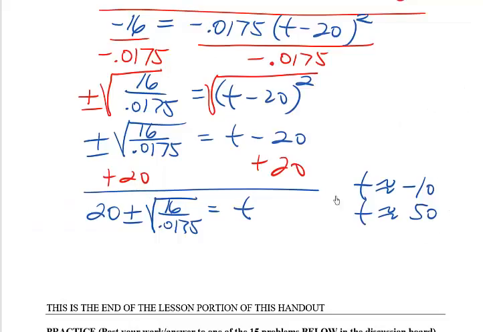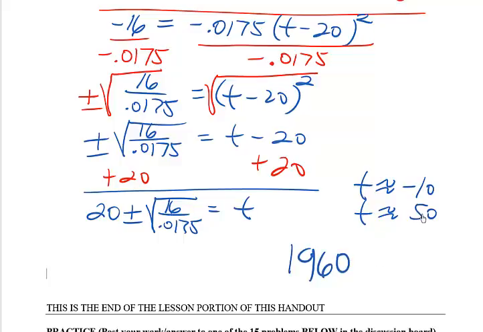All right, I've jotted down the two answers we got. All I have left to do is interpret those things. The problem was looking for actual years, so I go back to my let statement. Remember, t stands for years since 1970. Well, -10 would mean 10 years before 1970, so the year 1960.